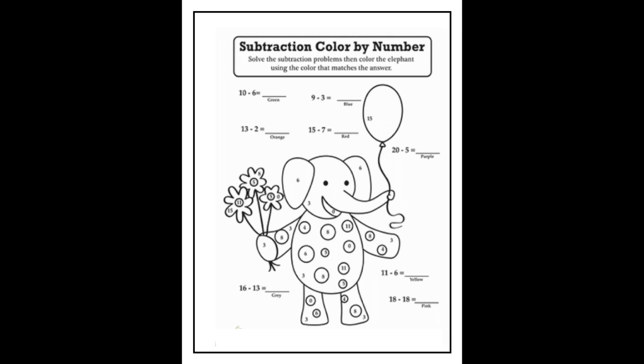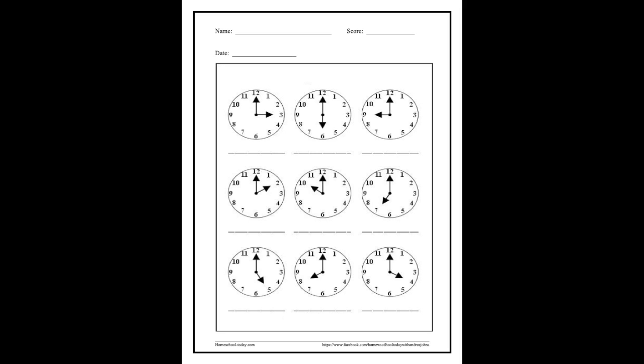We also have a color by number for subtraction, and it has a cute little elephant with a balloon on it. And the last sheet for math is one that's starting to tell time. It is very basic. It is only telling time to the hour. It's getting students to understand that the hand points to the 12 for every whole hour.